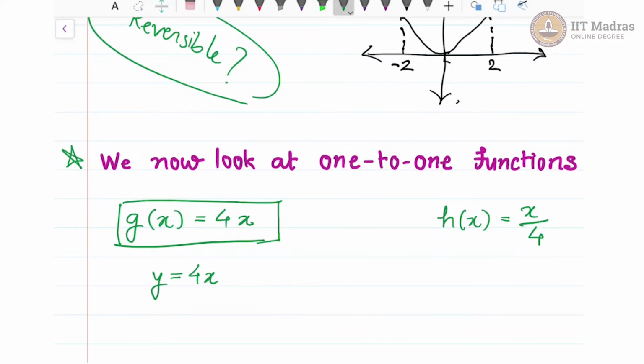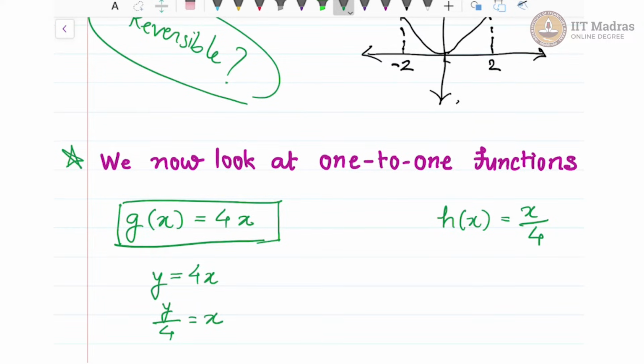From our basic understanding of the equation of a straight line, this is a straight line passing through the origin having slope 4. If I want to find a point x on this axis, then I will simply transform this as y/4 = x, and this transformation is unique.